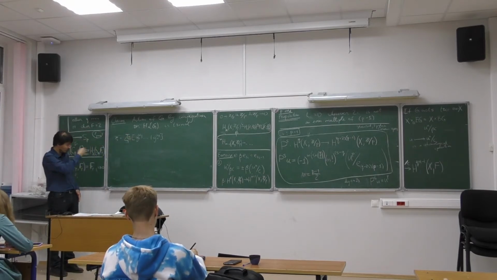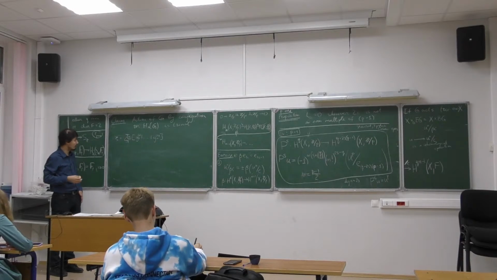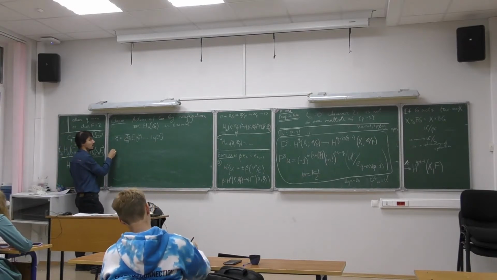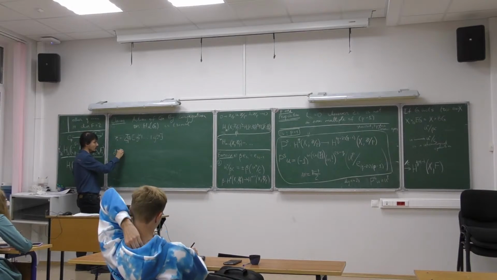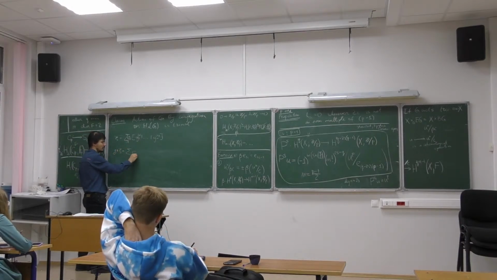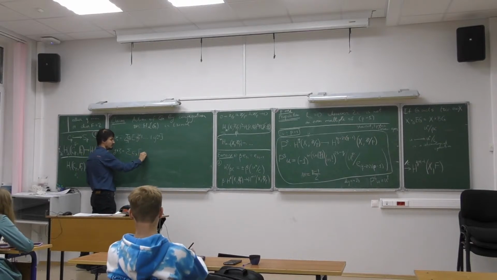After the action by an element G, if we conjugate by G, we get the same sum, and each element is conjugated.